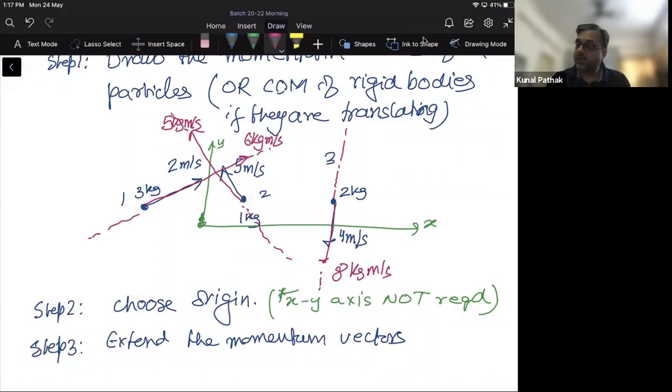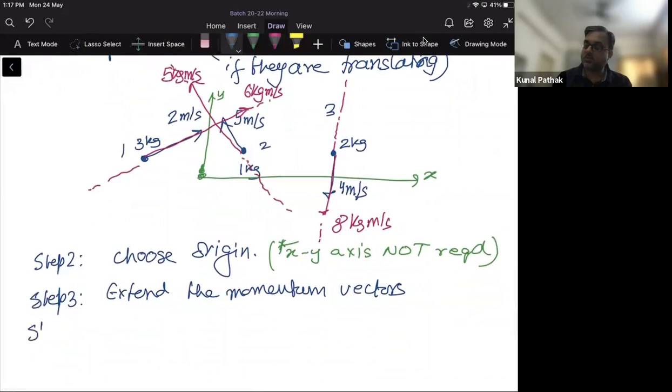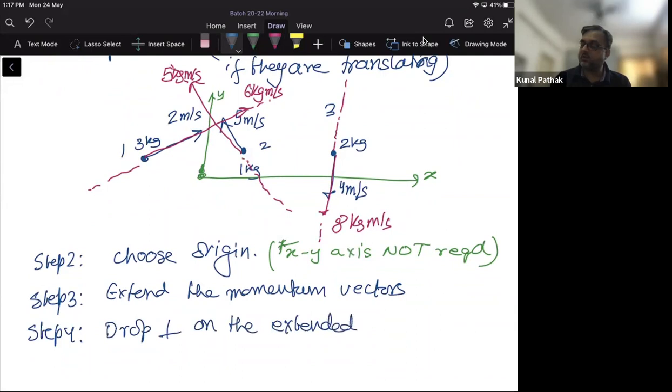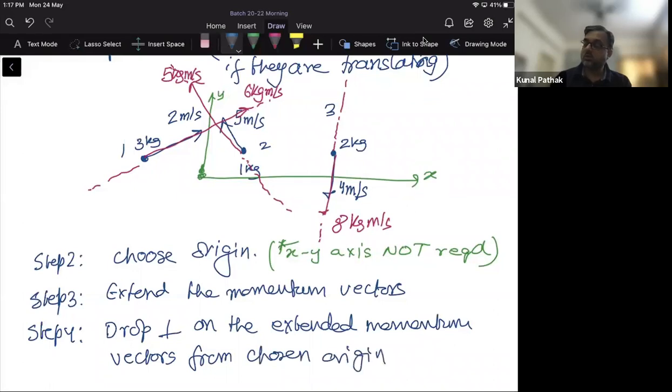Okay, and then we are supposed to drop, just like in force, just like in torque. Step 4, drop perpendicular on the extended momentum vector from the chosen origin. Right?